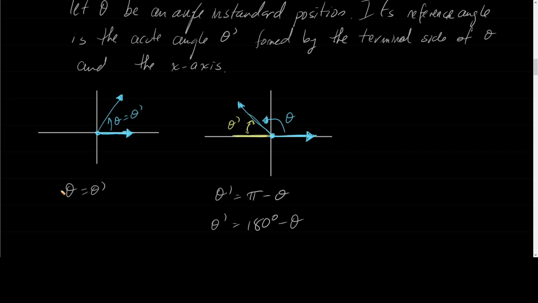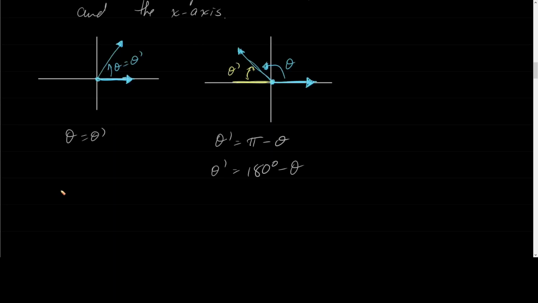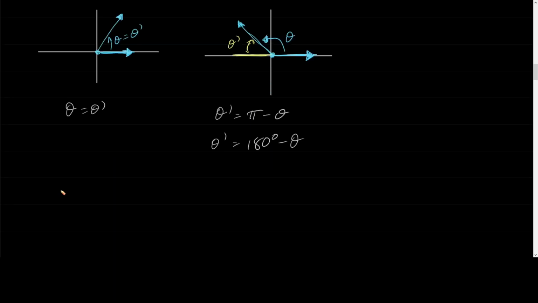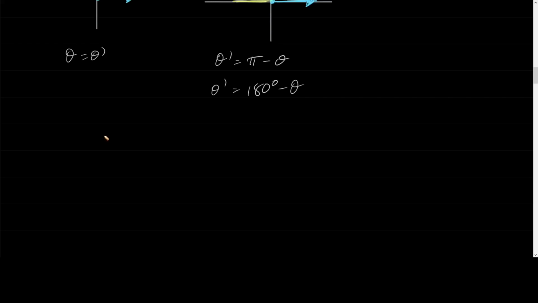All right, so that would be the first and second quadrants. Let's look at the third quadrant. Let's get our angle in the third quadrant. There is my angle, and we're talking about this being theta. The reference angle in this case would just be this angle, because it is the acute angle between the terminal side and the horizontal axis.